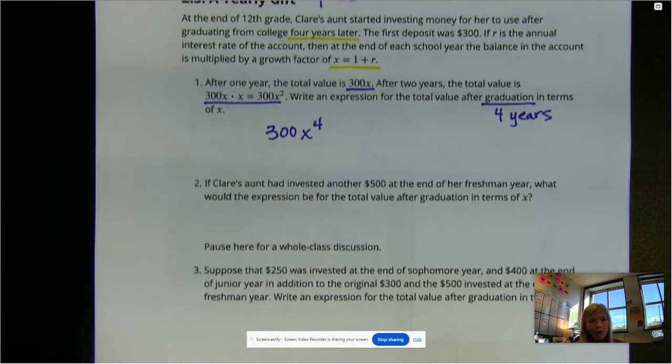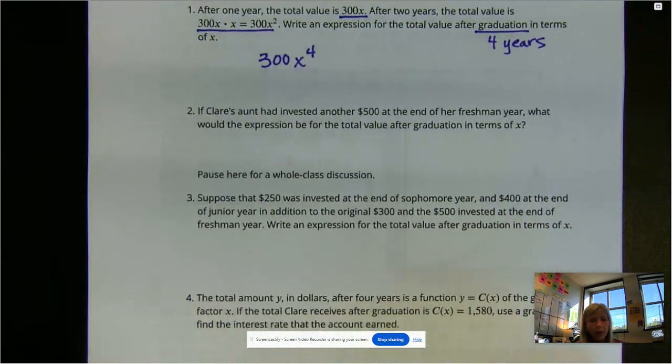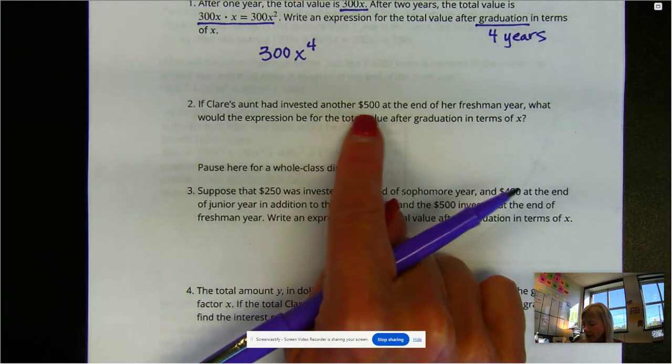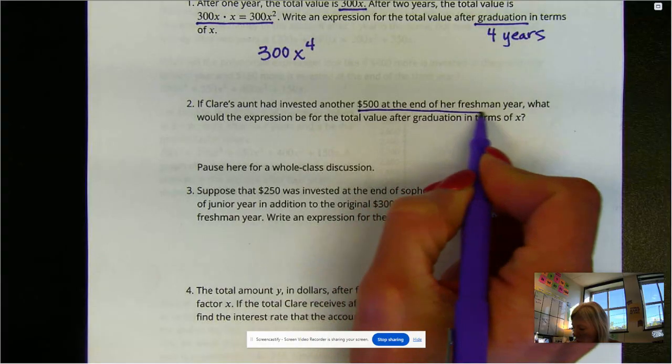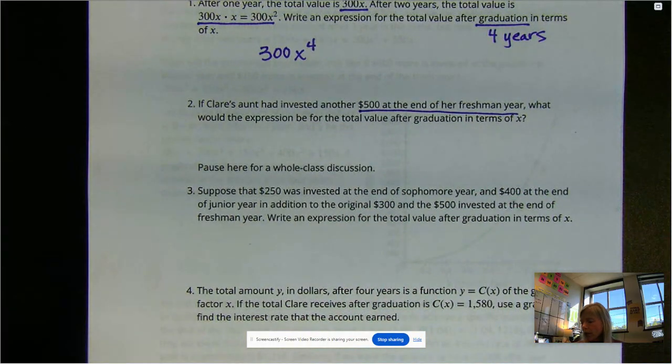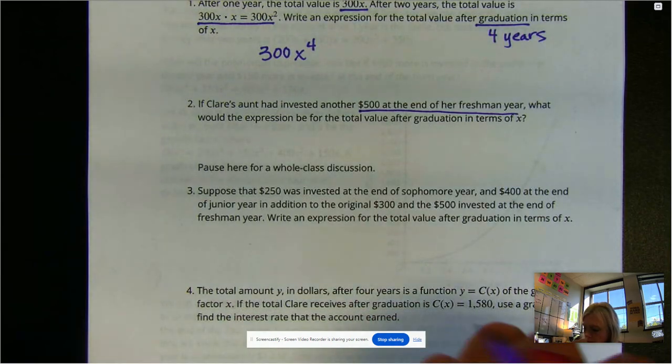Now on number 2, if Claire's aunt had invested another $500, but now it's at the end of her freshman year, what would be the expression for the total value after graduation? So from the end of her freshman year to graduation, that's 3 years.